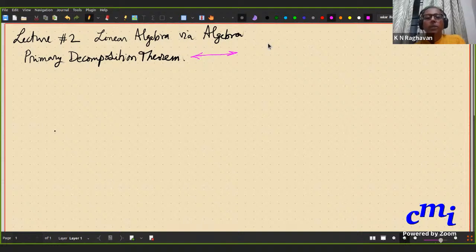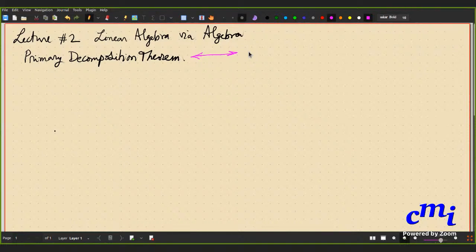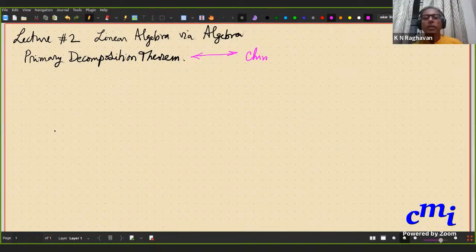Can somebody please mention that theorem? The theorem in algebra that this one corresponds to. Corresponds in a loose sense, but we did this last time. No? Chinese remainder theorem. Right. Chinese remainder theorem. Very good.